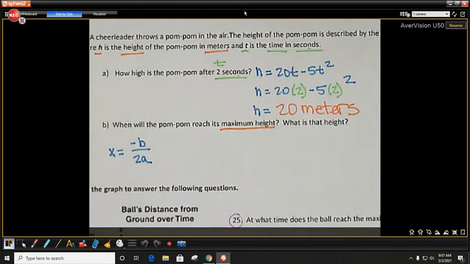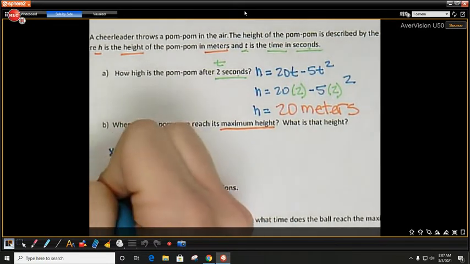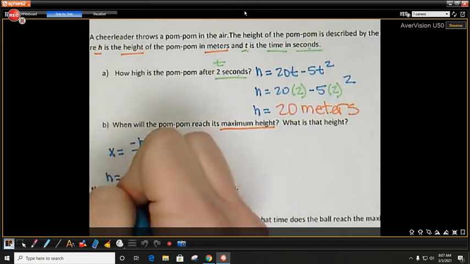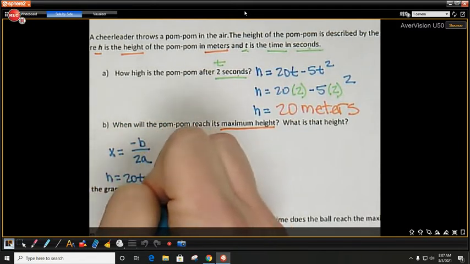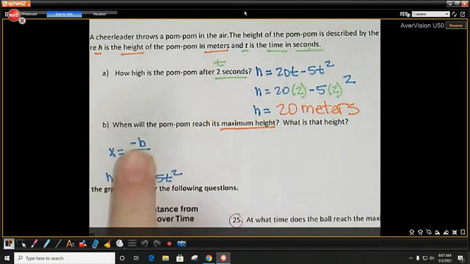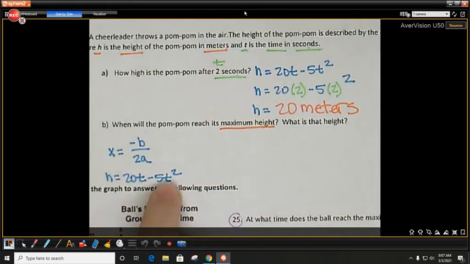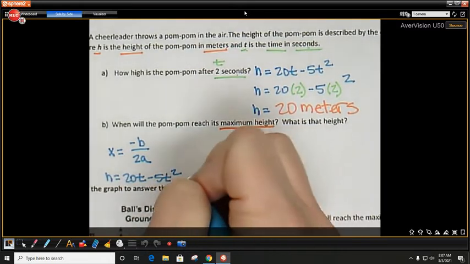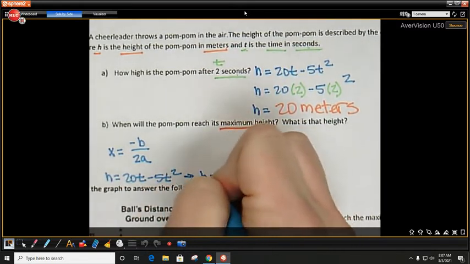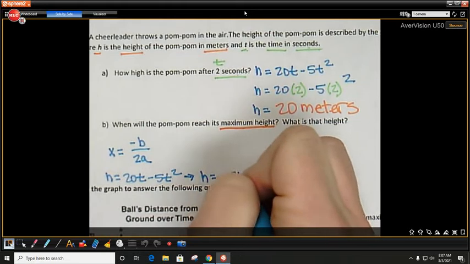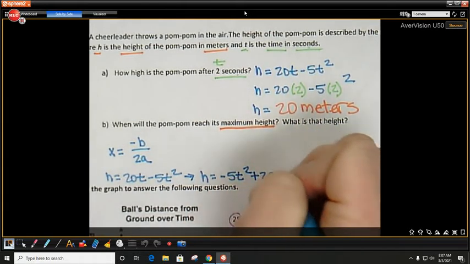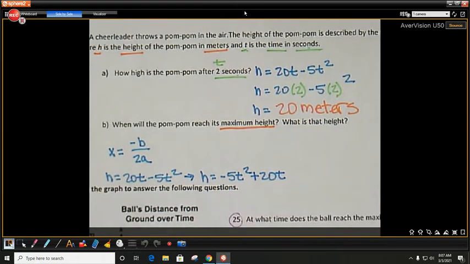We have h equals 20t minus 5t squared. This is not in standard form because my t squared is after my t term. So I'm going to rewrite this as h equals negative 5t squared plus 20t, so that way it's easier to see what my a value, my b value, and my c value are.